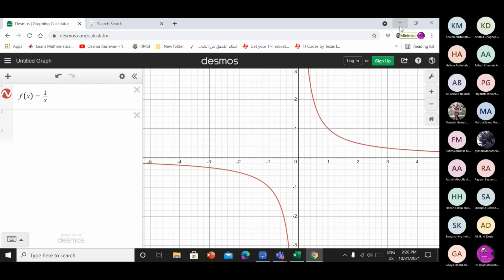Okay. Now, let's go for another one. Because this one is not equal to this one, the limit when x tends to 0 for 1 over x doesn't exist.